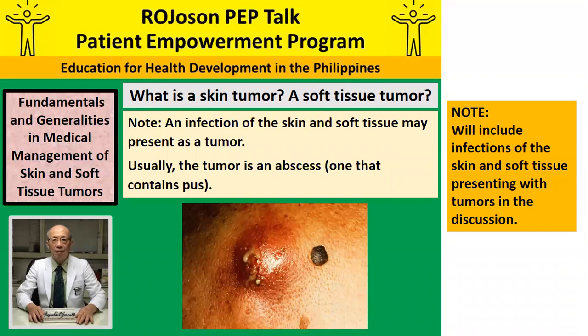Note, an infection of the skin and soft tissue may present as a tumor. Usually the tumor is an abscess, that is, one that contains pus. I will include infections of the skin and soft tissue presenting with tumors in the discussions.